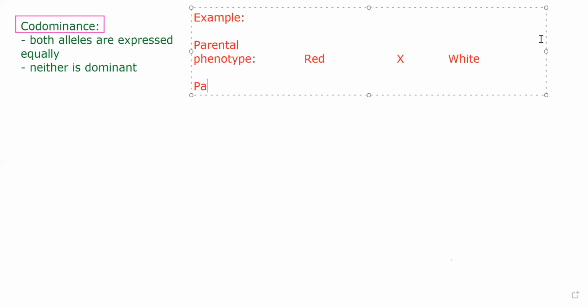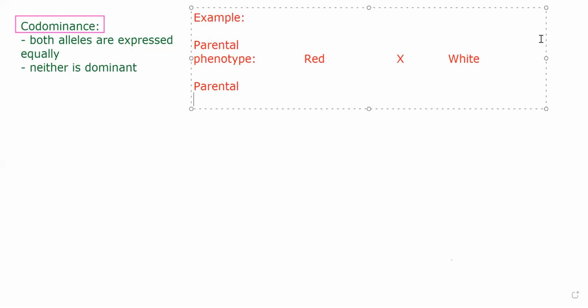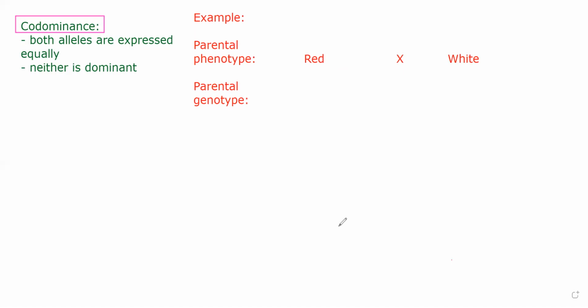What will be the parental genotype? Parental genotype is, now let me use my pen to write it, for red, I will take CR. For white, I'll take CW.